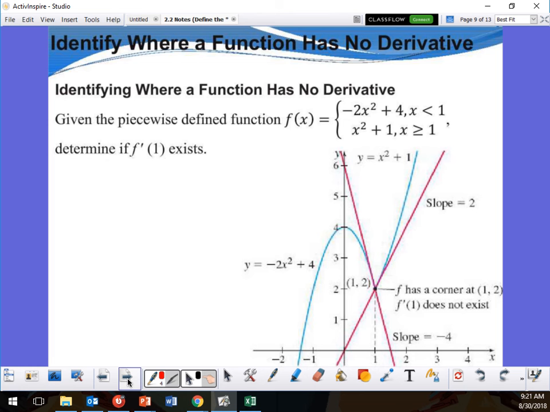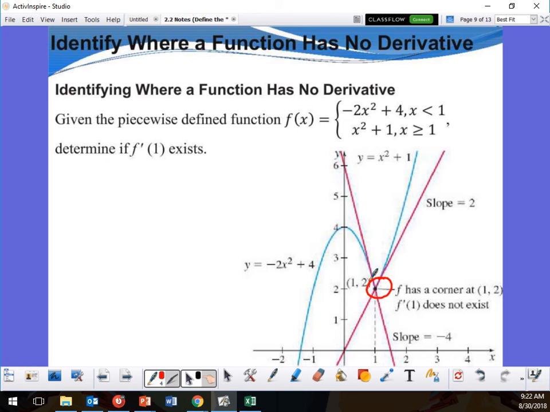All right, so right here, since it is a pointy point, it is changing direction at this point. So it is continuous. The limit does exist, but because it is changing direction right here, that is not going to work. So it has a corner, a pointy point, so this one's not going to exist right here.